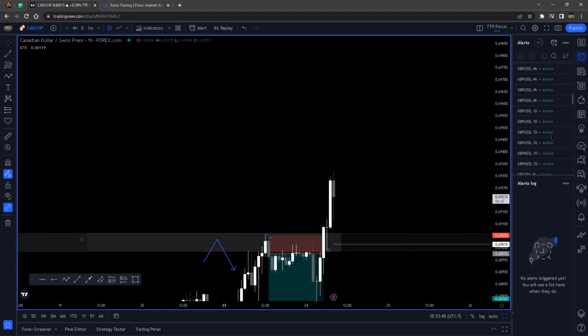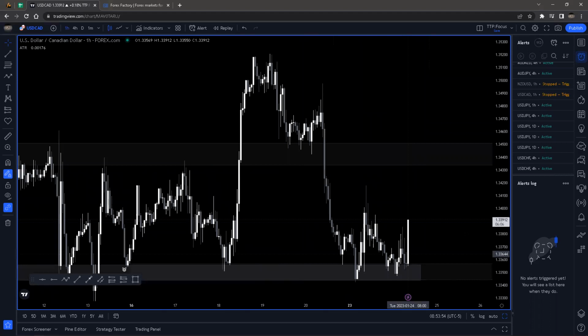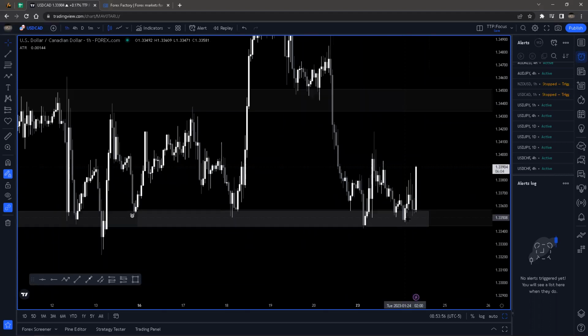What else do we got? USD CAD has gone off. USD CAD played in this area here, so you could have taken an entry here. It's not much rejection in here. You had some rejection yesterday around evening time, 8 o'clock, 9 o'clock, but it wasn't deep into the zone.